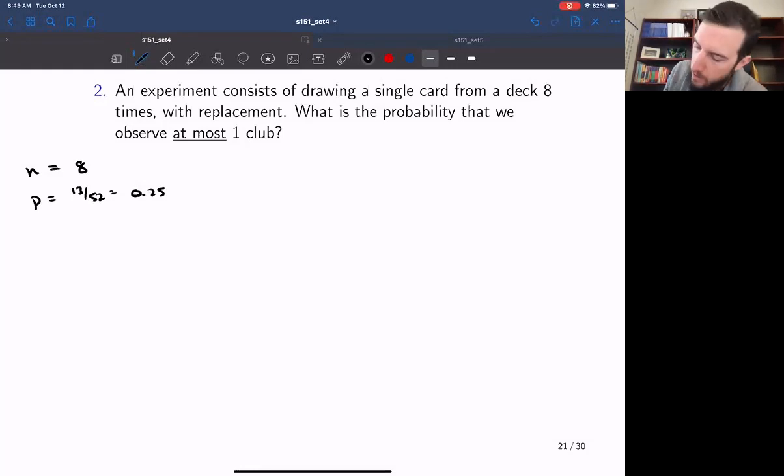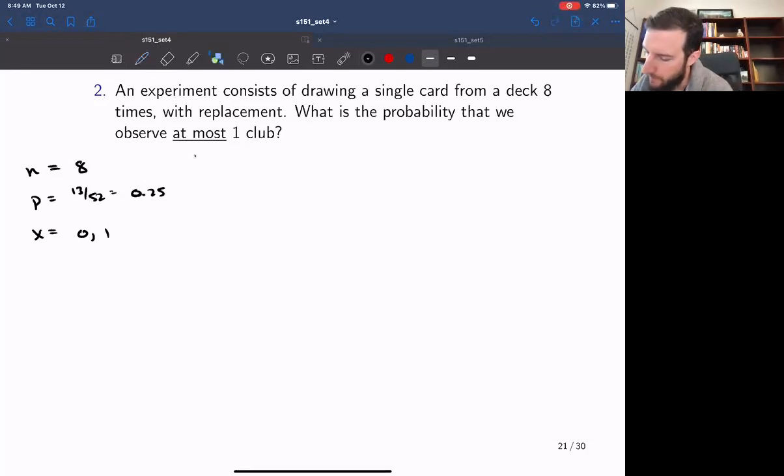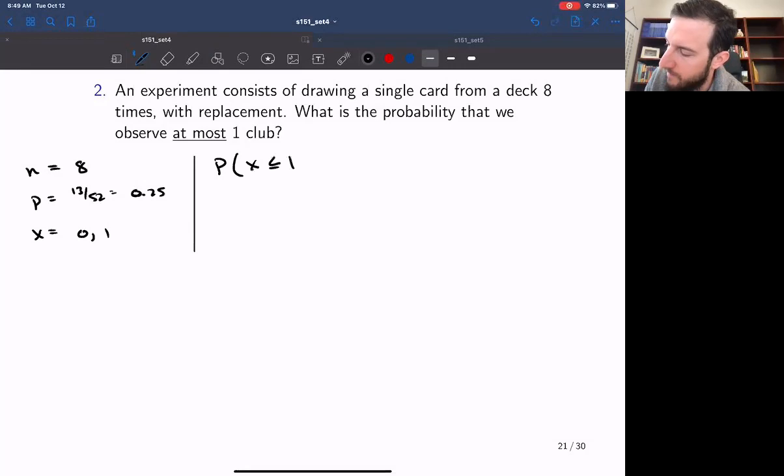Okay. Now, x in this case can be at most 1. So there's actually 2 different outcomes for x. X could be 0, so no clubs, or x could be 1 club. So we are interested in both. So in this experiment, we are interested in the probability that x is less than or equal to 1.